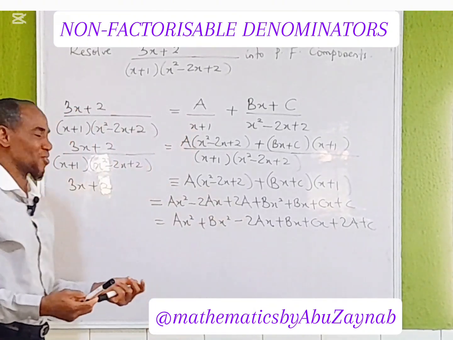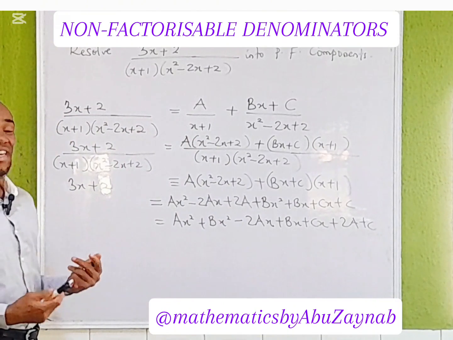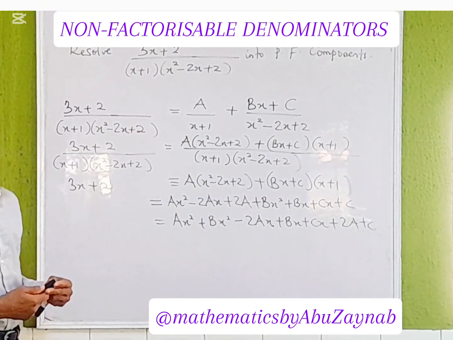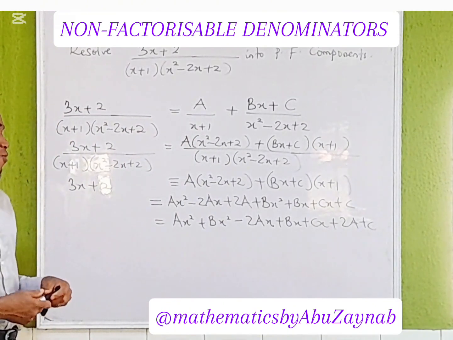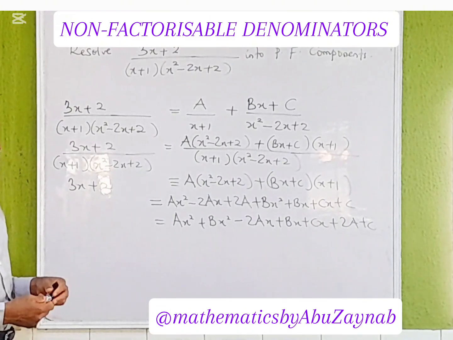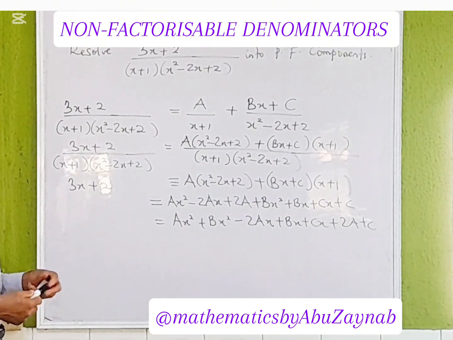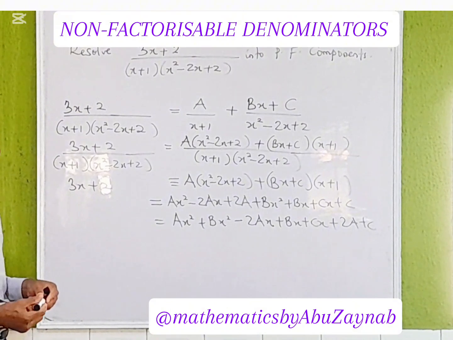As a mathematics candidate or student, you must always have inbuilt checks and balances to appraise yourself as you go on, before you go too far and submit a solution full of errors.